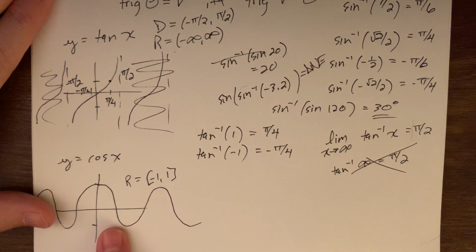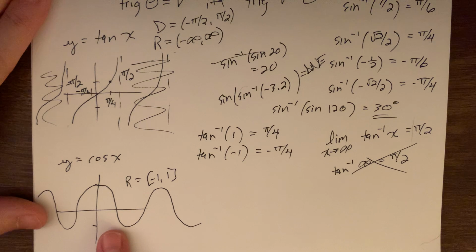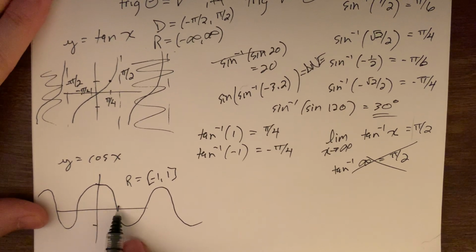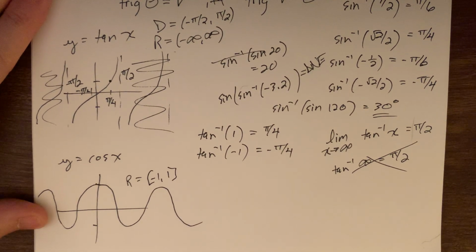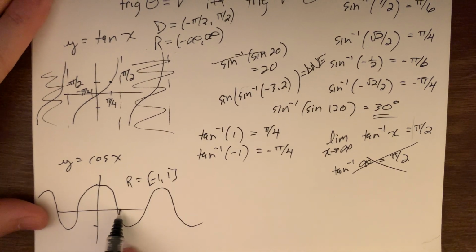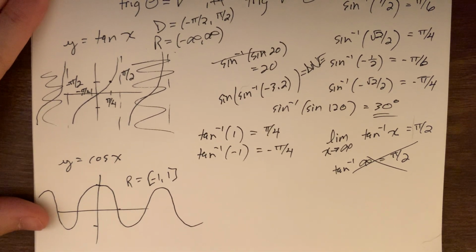Now, after seeing those previous two, a lot of people want to say, why not keep the same restriction? Go from -90 to +90, but realize here, -90 to +90, you still wouldn't pass the horizontal line test. And then as a double whammy, you don't even get the full range. If you only go from here to here, you're only getting the positive y's, you're not getting any of the negatives.